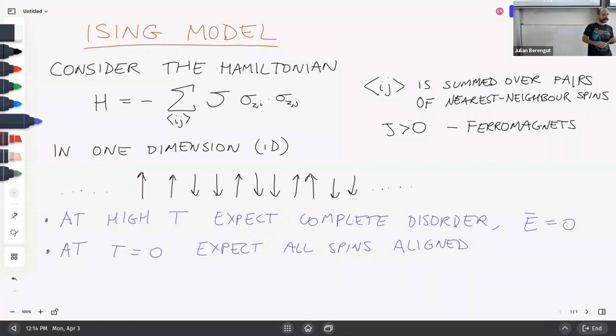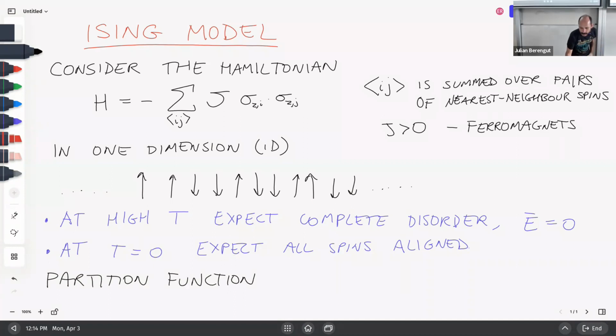So what we're going to need to do is to find a partition function for this. So let's work out the partition function, because that's what we do these days. Remember, for the partition function, we sum up over all possible configurations, or microstates is another way of saying it.